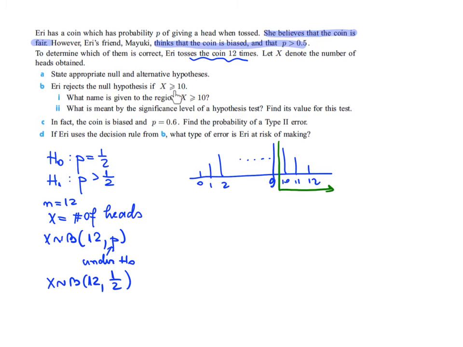I have a decision rule for x bigger than or equal to 10: I reject H0, and here I accept H0. So if x is smaller than or equal to 9, I accept H0 and here I reject H0. This region is called the critical region, and I answer question 1.